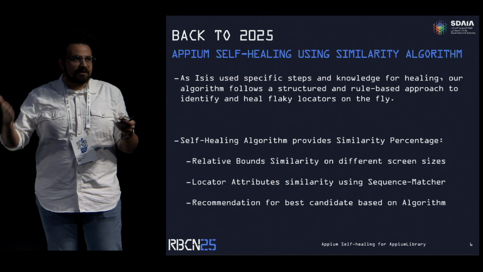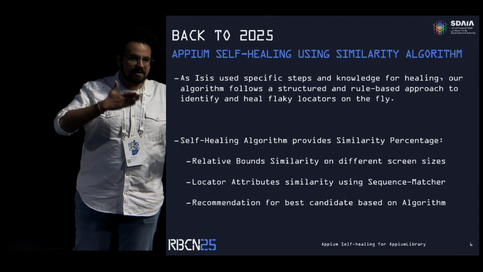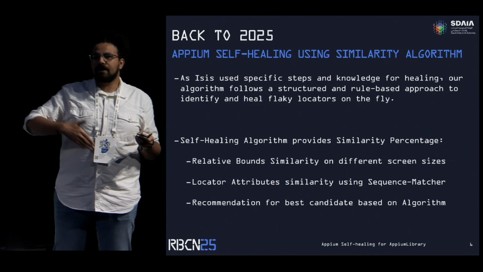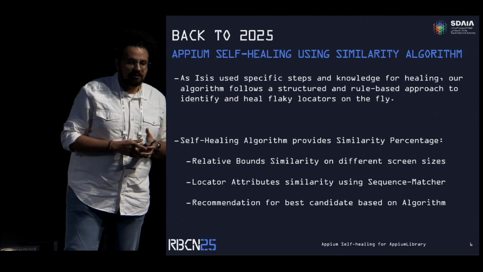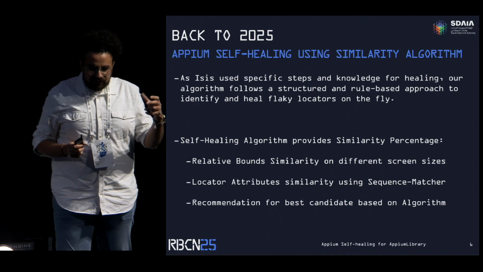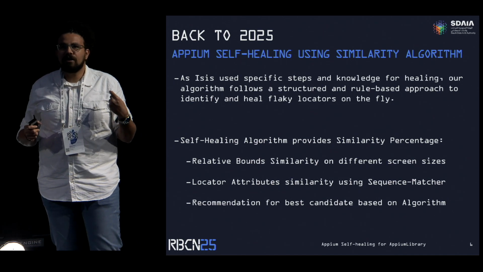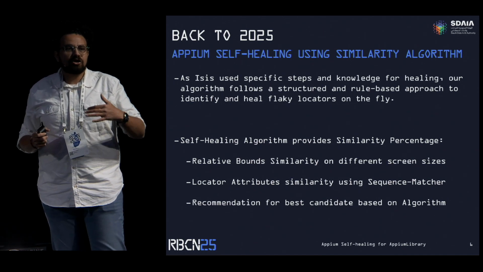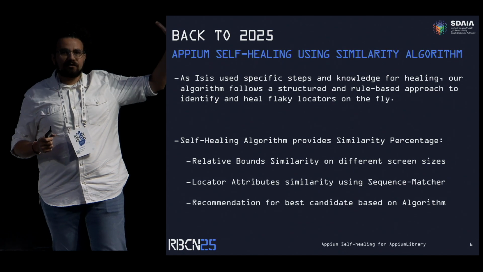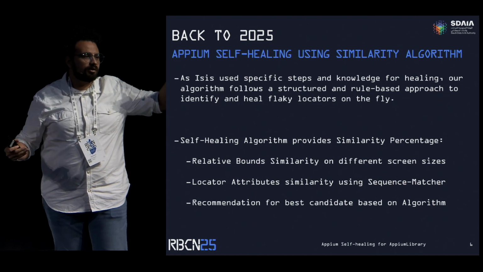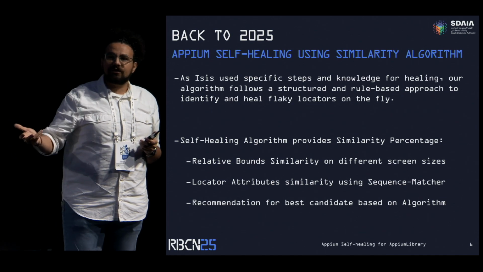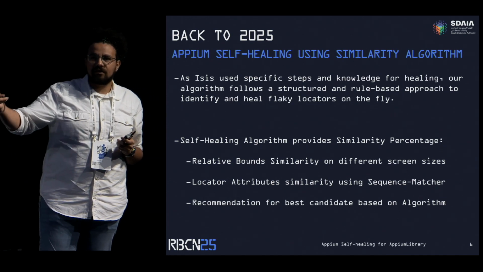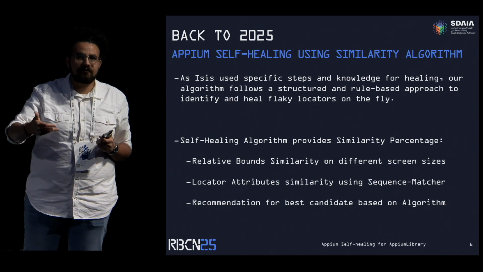We get the attribute similarity for all elements, and then we start to compare them together using the SequenceMatcher library. But then we figured out that, okay, I don't know if the similarity percentage should be the highest possible or it should be lower. And that's why we decided to make it a parameter for the user who's using the self-healing.